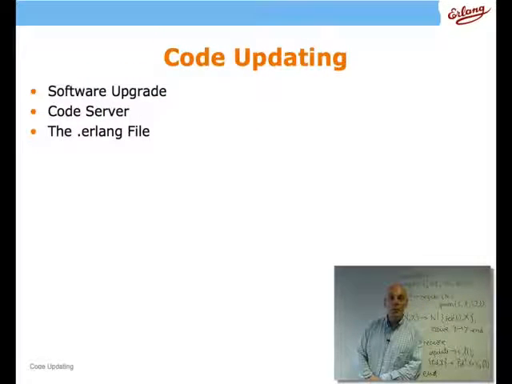And that's the end of this section. We've seen that in a running system we can upgrade the code for a module, and we've seen the mechanism by which new versions of the code for a module are loaded by the code loader. We've seen that you can have two versions running, an old version and a current version, but only two.